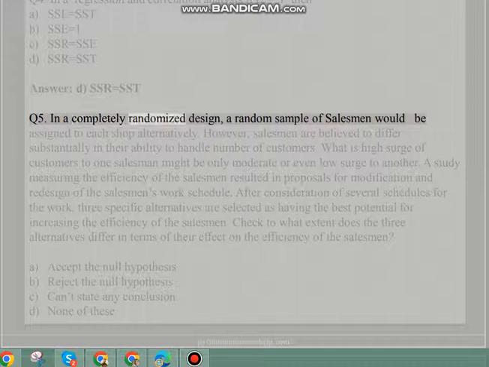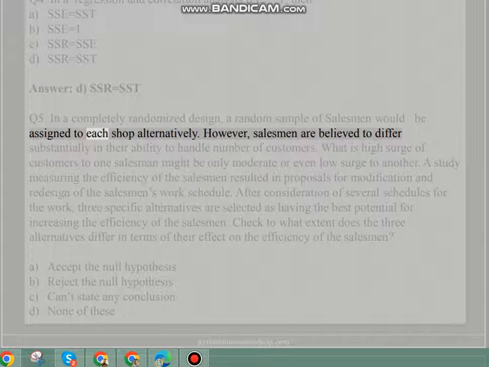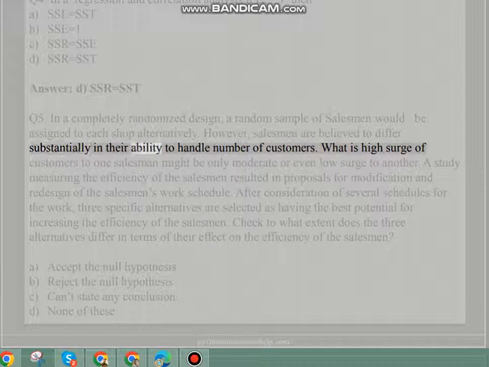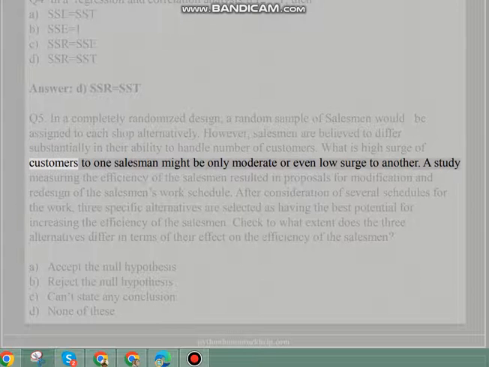In a completely randomized design, a random sample of salesmen would be assigned to each shop alternatively. However, salesmen are believed to differ substantially in their ability to handle number of customers. What is a high surge of customers to one salesman might be only a moderate or even low surge to another.